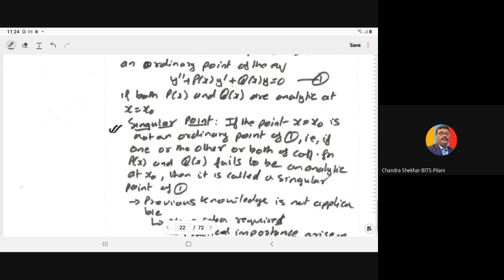Sometimes you can find that px is analytic but qx is not analytic, or px is not analytic, qx is analytic. If any one is not analytic, then we say that point is the singular point.